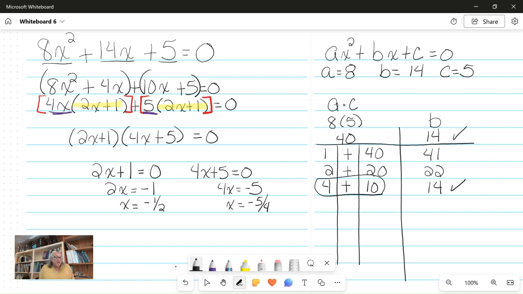Now I know what x equals in this quadratic. The answer to my problem then would be negative 1/2 and negative 5/4. In a later video, we'll talk about what that means and where we're going to put those.